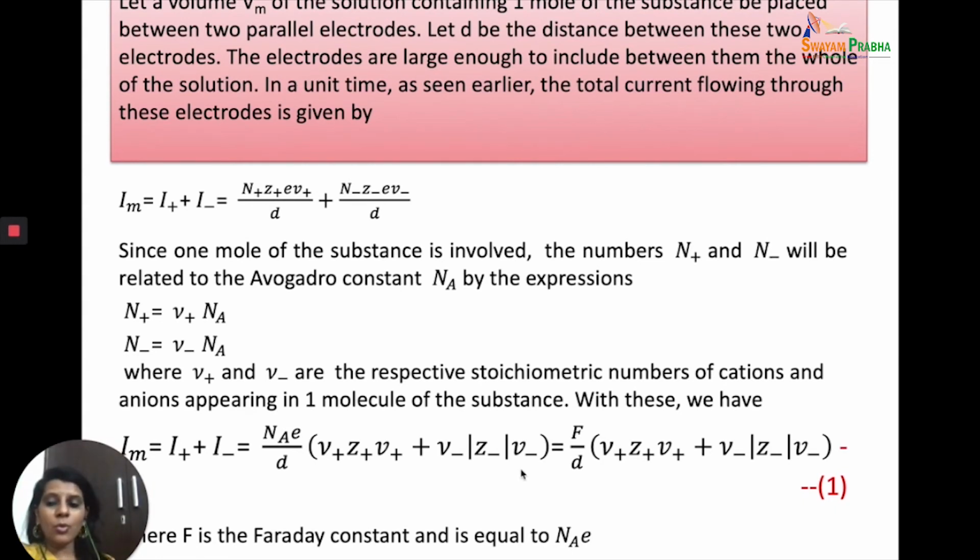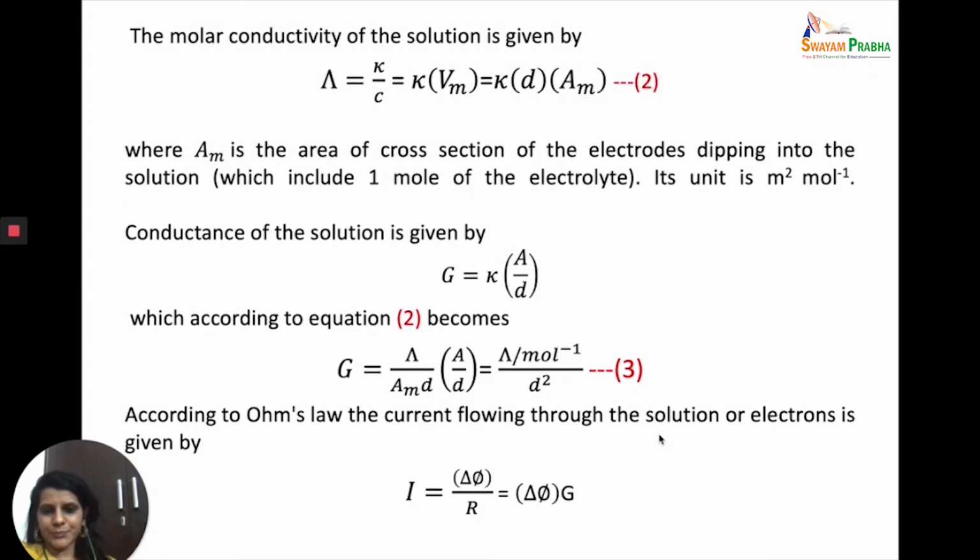The current carried by 1 mole of electrons is called the Faraday constant, so we replace NaE by F. So F upon D, nu plus Z plus V plus, plus nu minus Z minus V minus. Just to point out, nu is the stoichiometric coefficient of the cation and the anion in 1 mole of the substance, and V plus is the speed, or the distance moved in unit time.